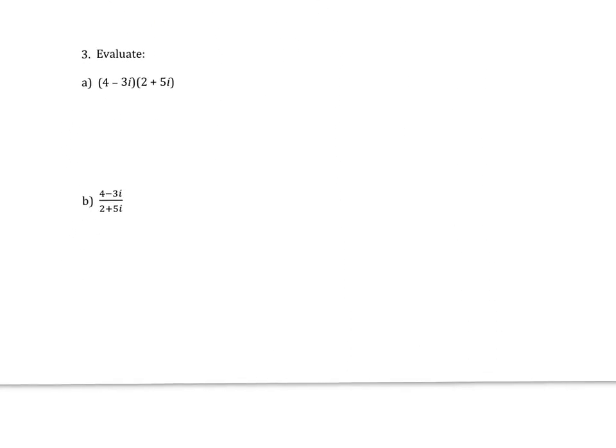All right, a little evaluation. We're just multiplying here, so we're going to do our 4 multiplications. 4 times 2, minus 3i times 2 is minus 6i, plus 4 times 5i is plus 20i, and then we have minus 15i squared.